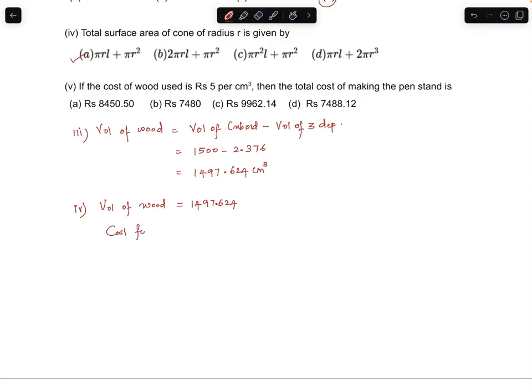Cost for 1 centimeter cube is rupees 5. Therefore, the cost for 1497.624 centimeter cube is the product of these two, which gives us 7488.12. The answer is D.